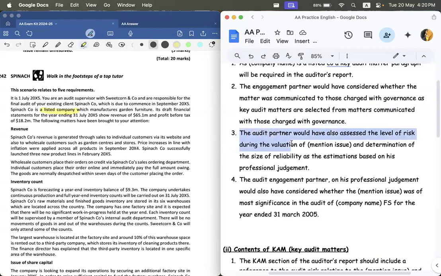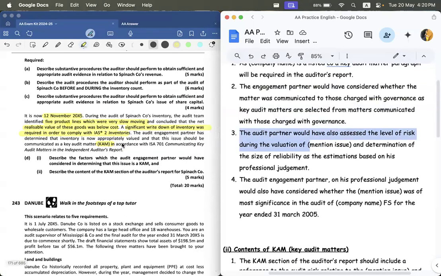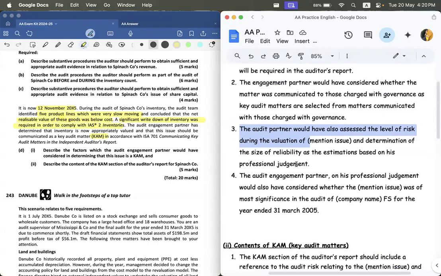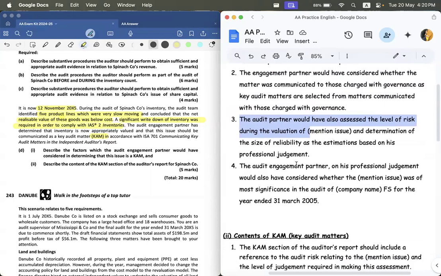The audit partner would have also assessed the level of risk during the valuation of 5 product lines which were very slow moving, whose net value was below cost, which has led to a significant write down of inventory as per IAS 2 Inventories. Then you continue with the determination of the reliability of the estimates based on his professional judgment. Clear?